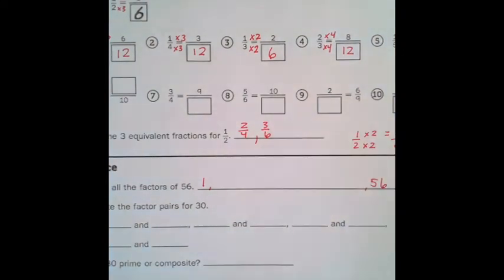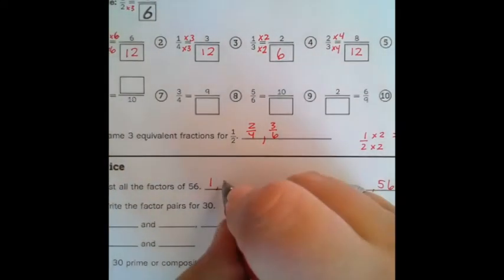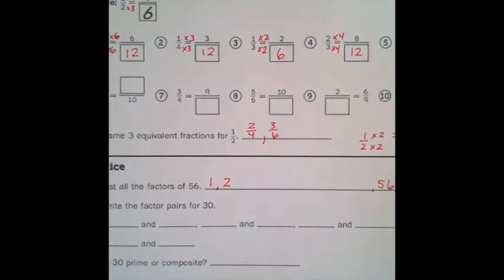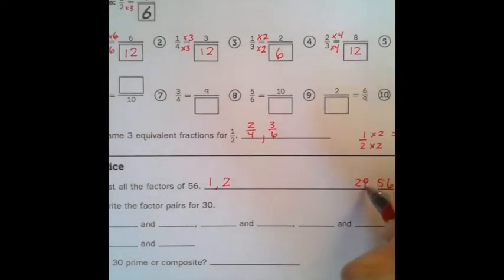Then you go with your next counting number, which is 2. Does 2 work? Does 2 times something equal 56? Yeah. Since 56 is an even number, you can split that in half. So 56 divided by 2 is 28. So I know that 2 times 28 will equal 56.